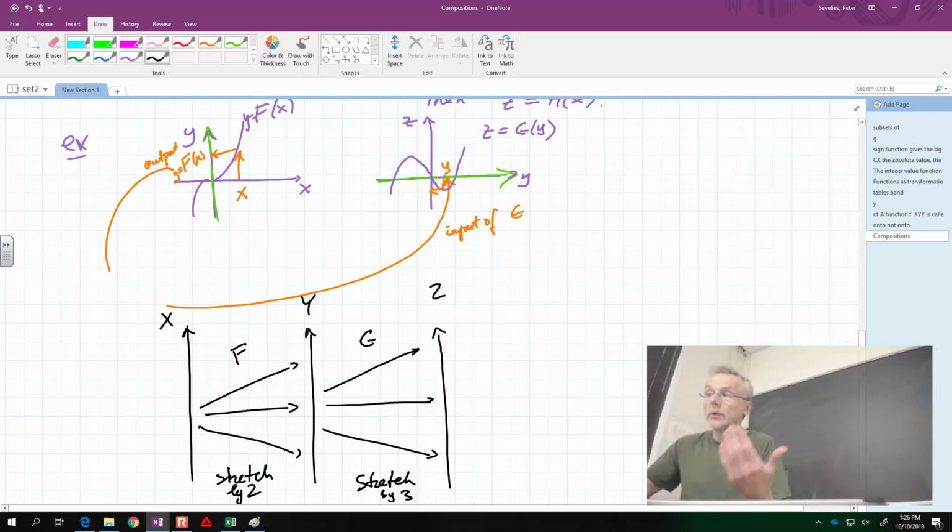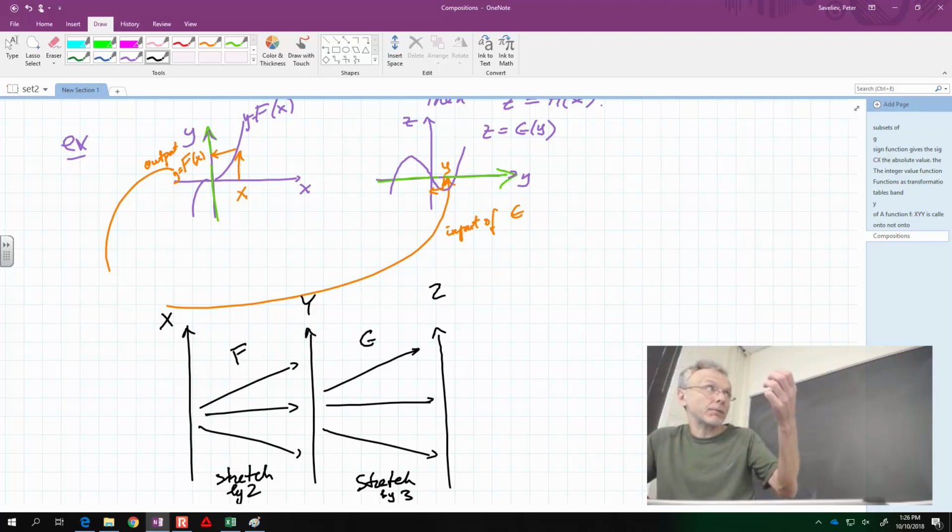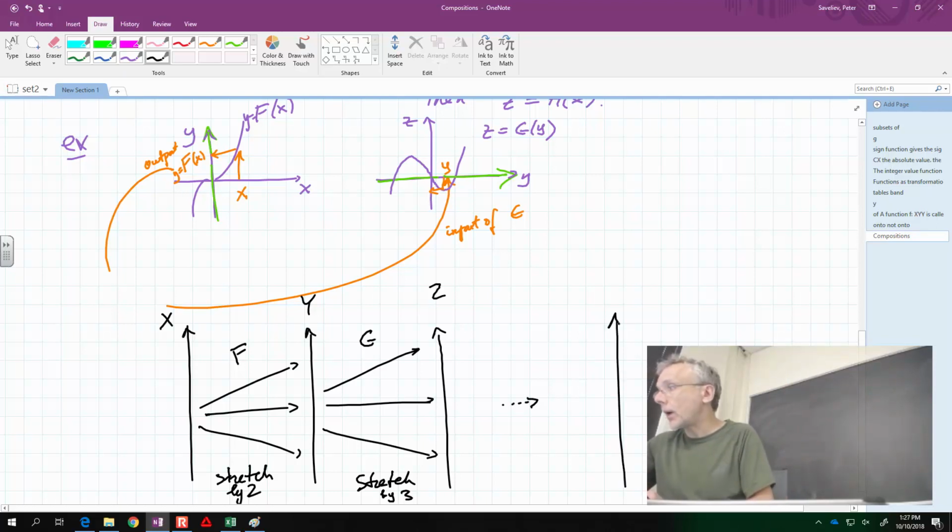So then what has happened, you think about what is happening geometrically. You start with x, or rubber band, you stretch it by a factor of 2, then that already stretched x-axis is stretched one more time by a factor of 3 this time. Okay, so then if I want to produce now my function h, which is between x and z, what kind of function is it?